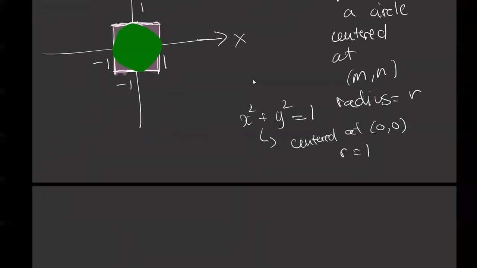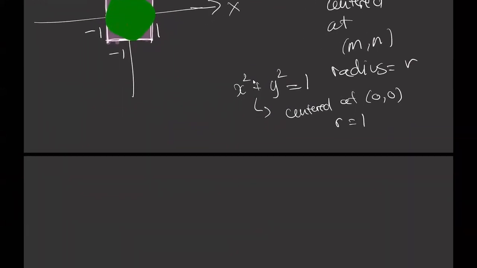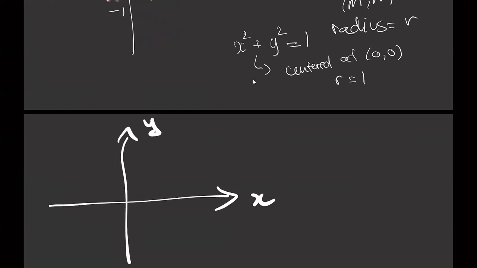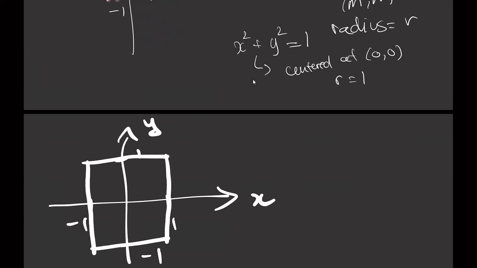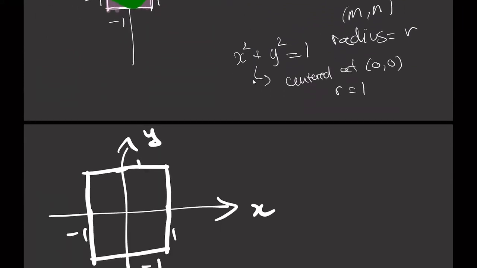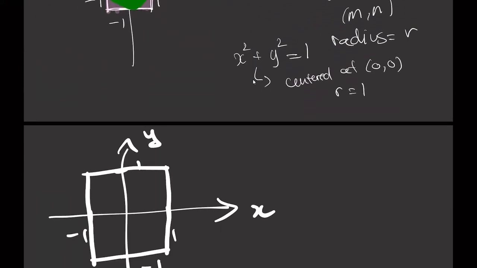So if I redraw it from the graph, if I have something like this, -1, 1, -1, and 1, I want everything including the border. But I don't want anything having green color. So we can represent something not included by the dotted one. Instead of a solid line, we just have a dotted line.